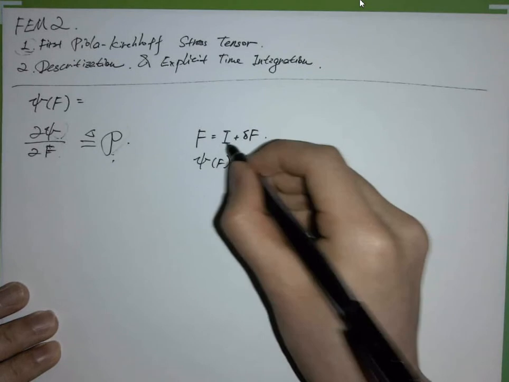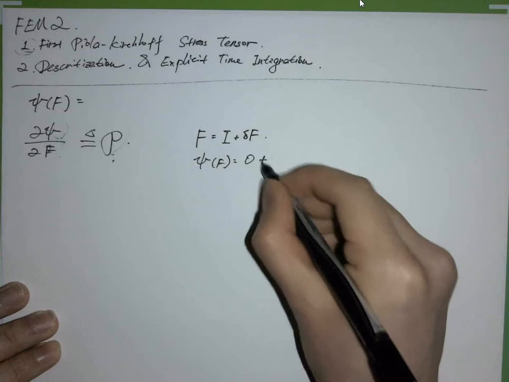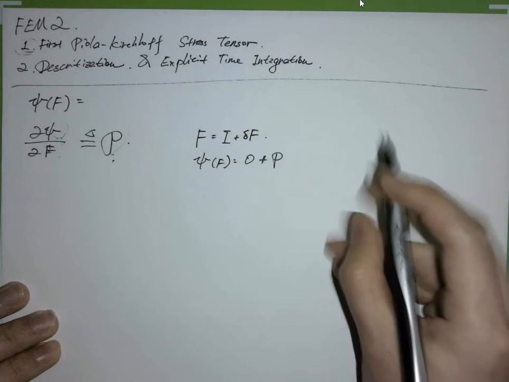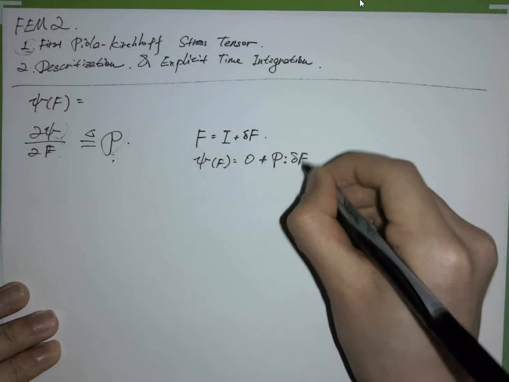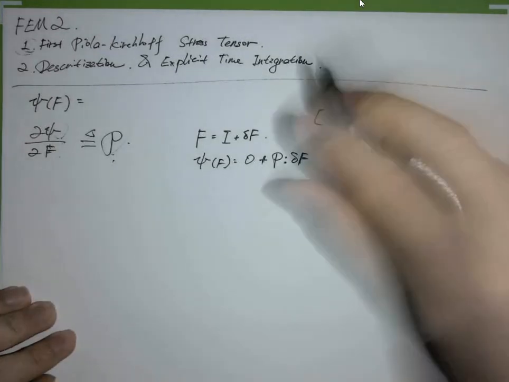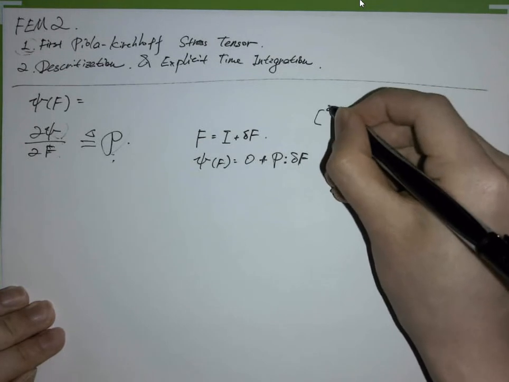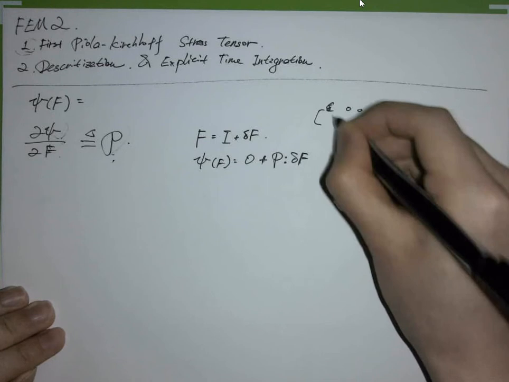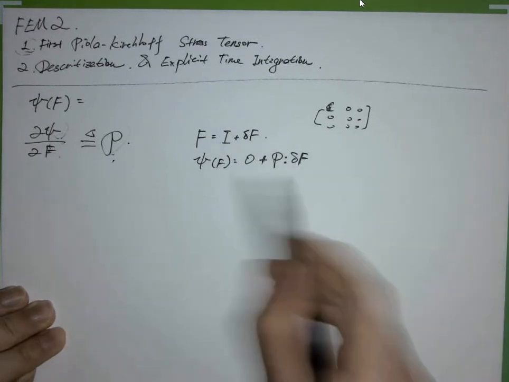Psi of identity just equals 0, and I can use psi plus the Piola-Kirchhoff stress tensor double contracted with dF. If this dF is really small, say I just perturb the first element, dF will be some epsilon and 0, 0, 0, 0, 0, 0, 0, 0, and then this will be my function.